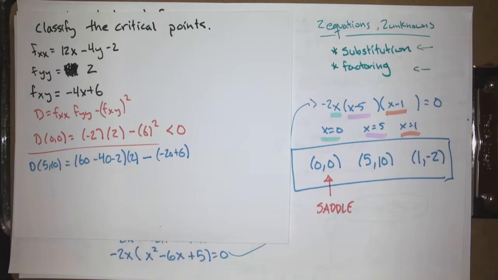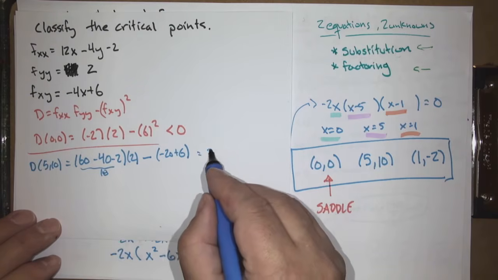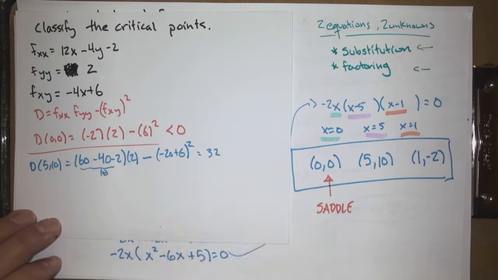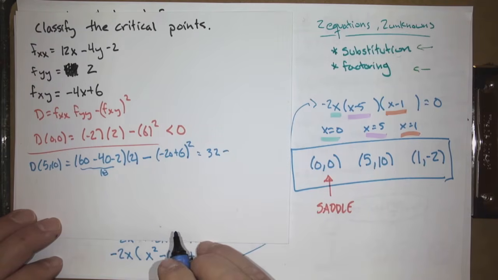Yes? 60 subtract 40 subtract 2. Anybody know that off the top of their head? Yeah, so this is 18 times 2, which is 36. And I forgot to square this. We're going to subtract 14 squared.